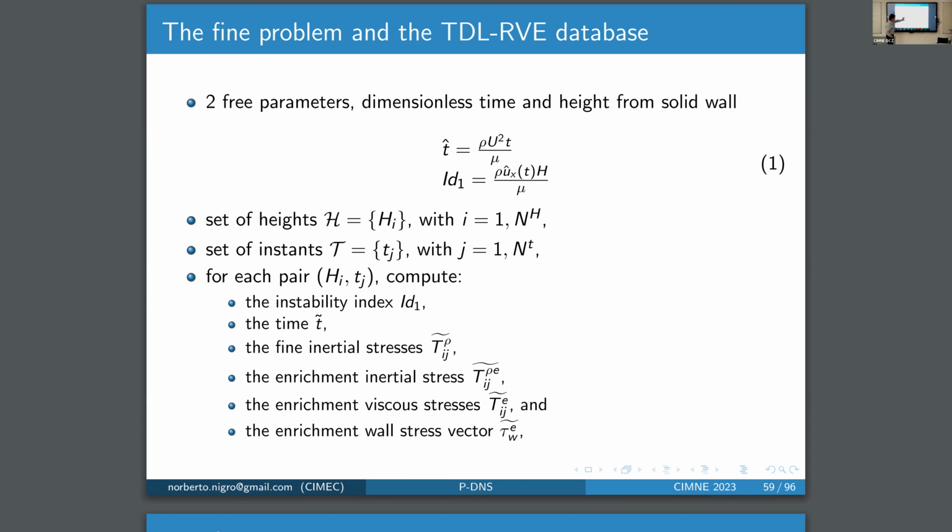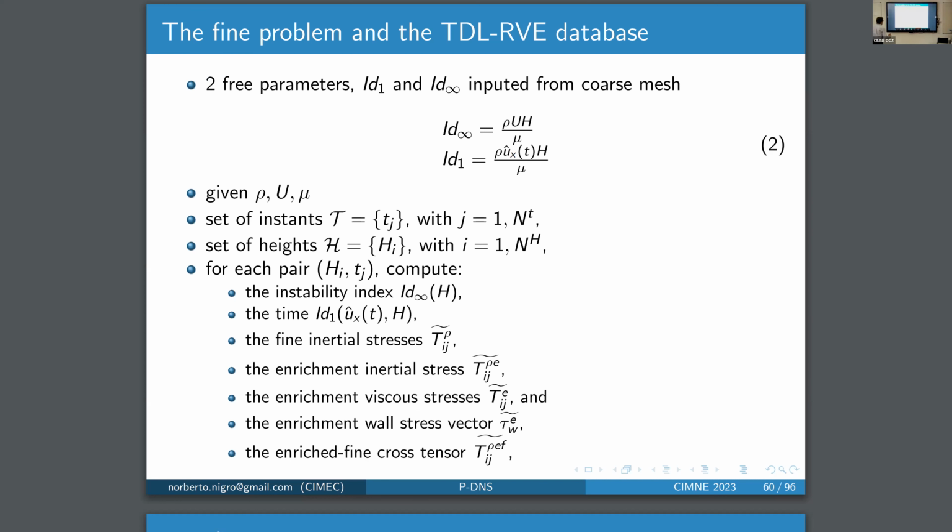This strategy was changed now. And these are the four tensors, or the three tensors and the vector, and I forgot to put the other tensor, the interaction between fine and enriched, that has to be computed. This is a more updated version. We have two numbers, ID1 and ID infinity.